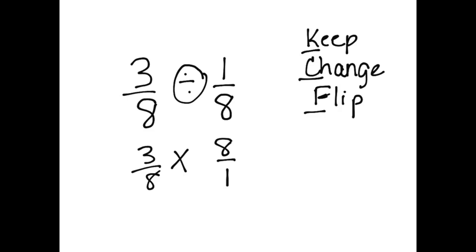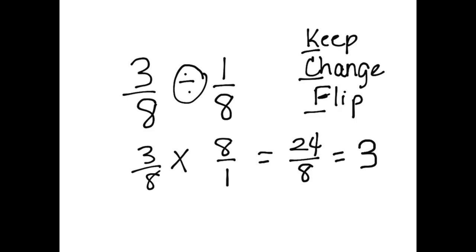And so now we just multiply. 3 times 8 is going to be 24. And 8 times 1 is going to be 8. Okay? And for this, we could just simply go ahead and simplify, which is just going to be the number 3. So your answer is going to be 3.